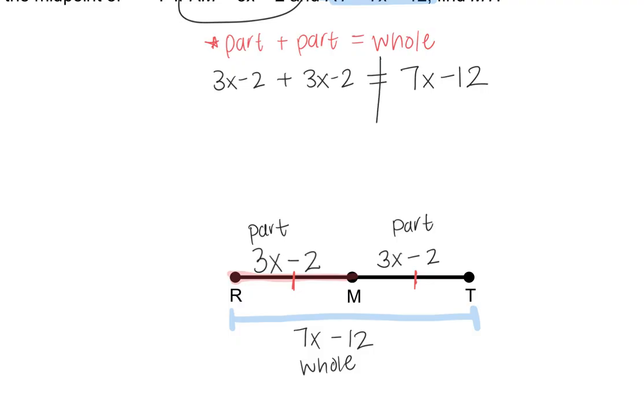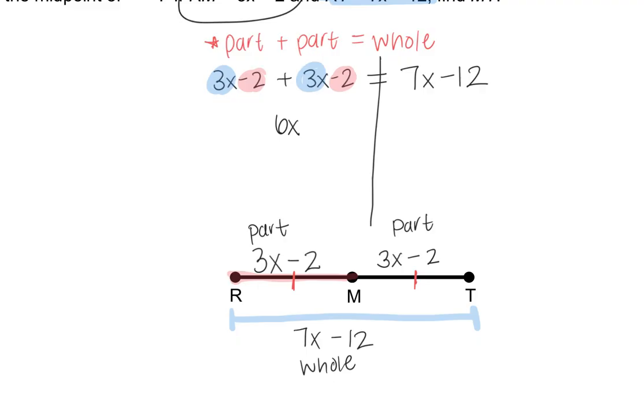And I'm going to try to solve for x. Before I start moving things around and moving my x's over, I am going to make sure that I combine like terms. I'm going to combine 3x and 3x together, and I'm going to combine my negative numbers together. If you add 3 plus 3, you get 6x.